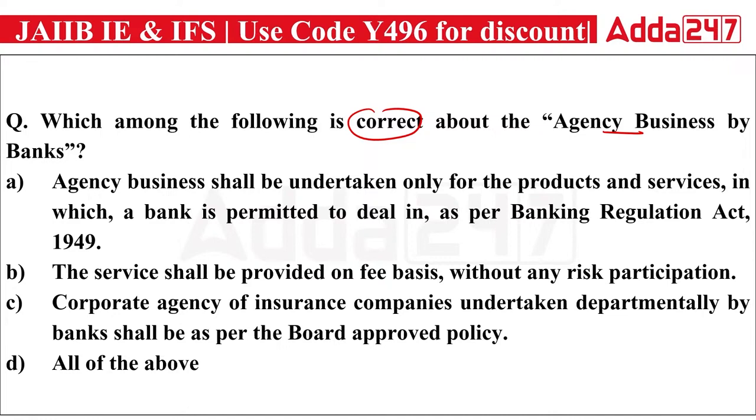First is saying agency business shall be undertaken for the products and services which a bank is permitted to deal in as per the Banking Regulation Act 1949. Second, the service shall be provided on a fee basis without any risk participation. Third, the corporate agency of insurance companies undertaken departmentally by banks shall be as per the board approved policy. And the last option is saying all of the above.